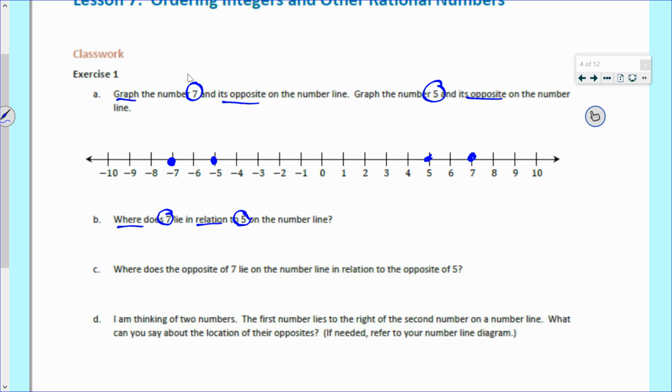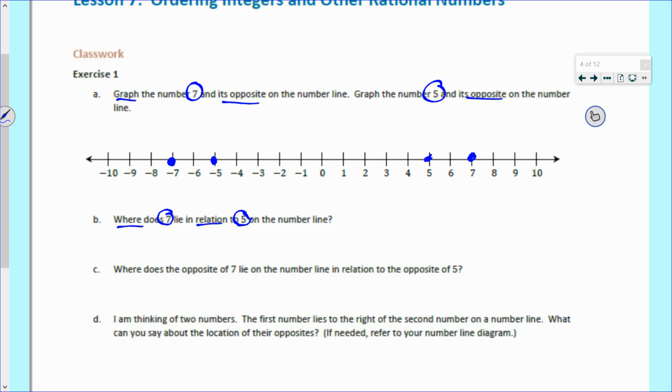So if I look at this, where does 7 lie in relation to 5 on the number line? To which direction? Right. 7 in relation to 5 is 2 to its right. Does everybody see that?